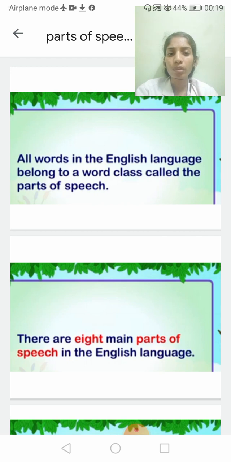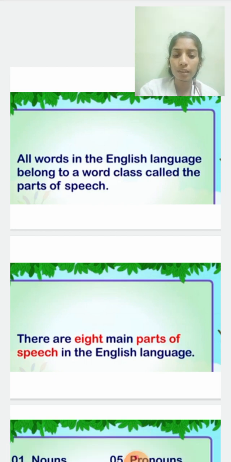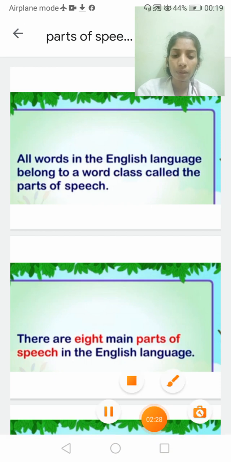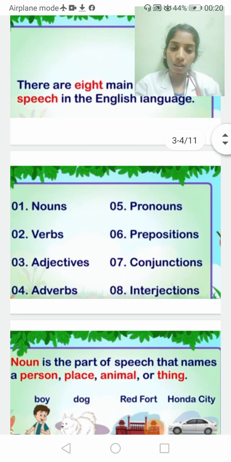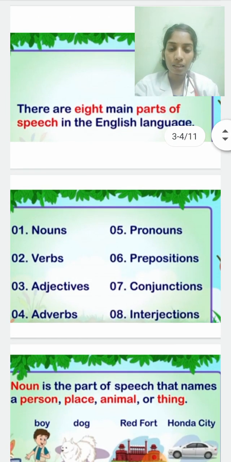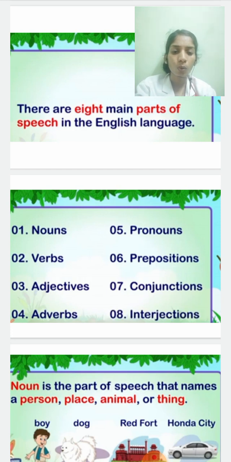In the 8 parts of speech, each word gives a different meaning: noun, verb, adjective, adverb, pronoun, preposition, conjunction, and interjection. With all these, we will learn what is a noun, what is a verb, and what is an adjective. I can give you an introduction.